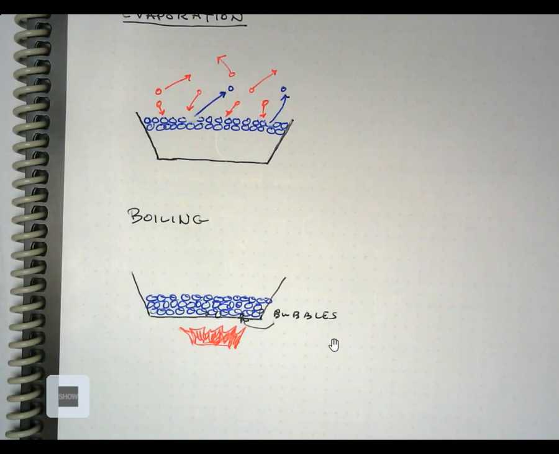Can we get a hint? Okay, so here's the hint. Water. Bingo. Those are water in gas form. Just water. They're literally gas bubbles of water as a gas, water vapor.